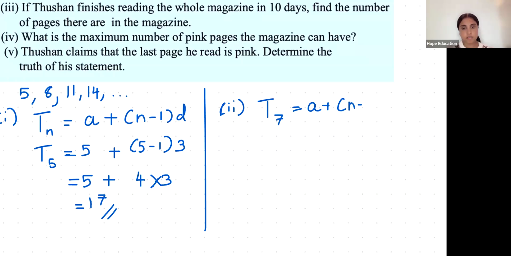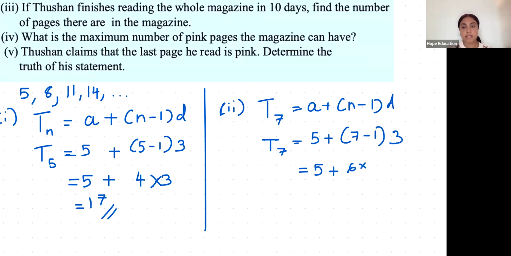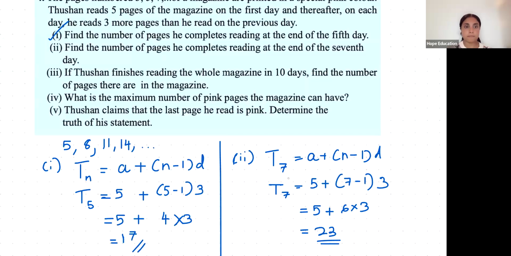So here first term is 5, n is 7, 7 minus 1, difference is 3. So 5 plus 7 minus 1 is 6 multiplied by 3. 6 times 3 is 18. 18 plus 5 is 23. Okay, that's the number of pages he finishes reading by the 7th day.